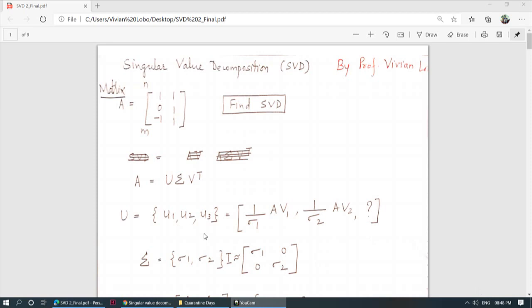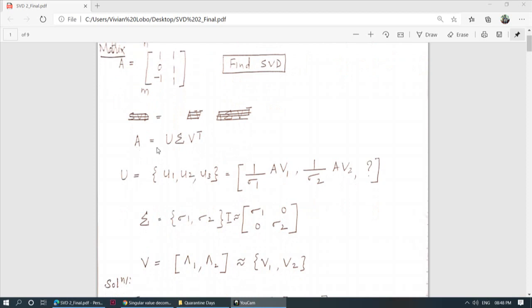So let's start. The matrix given to you is 1 1 0 1 minus 1 1, and on this matrix you have to find the singular value decomposition.